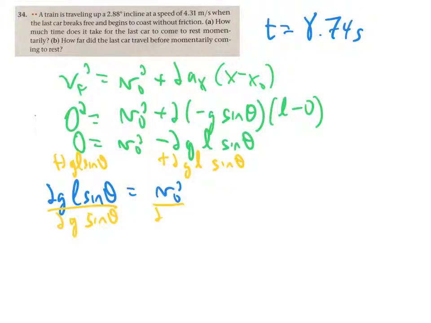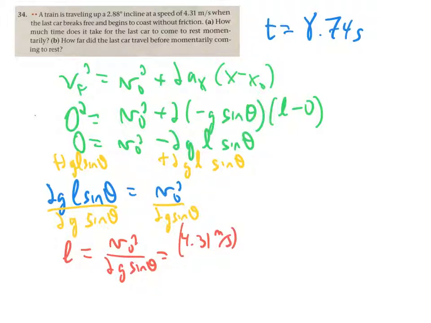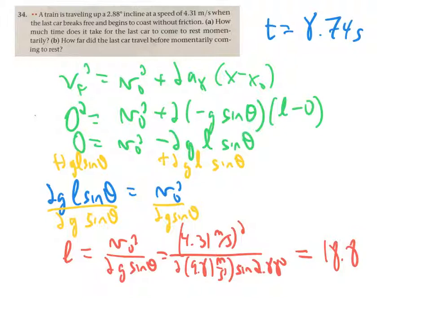So 2g sine theta. And we're left with L equals V0 squared over 2g sine theta. This is 4.31 meters per second quantity squared over 2 times 9.81 meters per second square, which is the free fall constant, times sine of 2.88 degrees, and all told that becomes 18.8 meters, which is how far it goes up the incline.